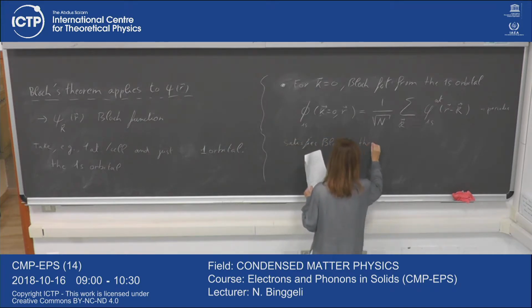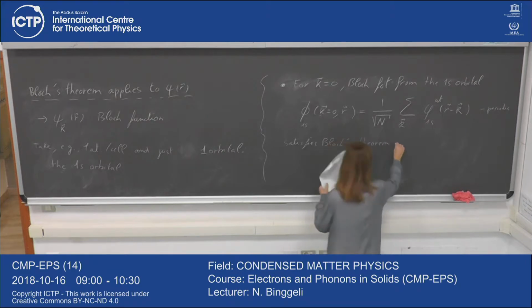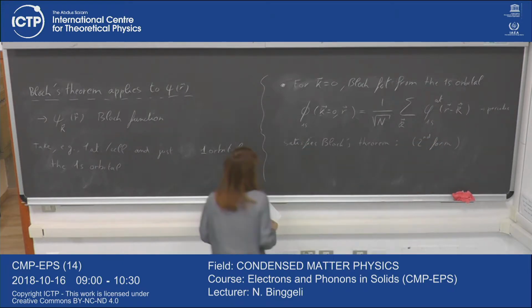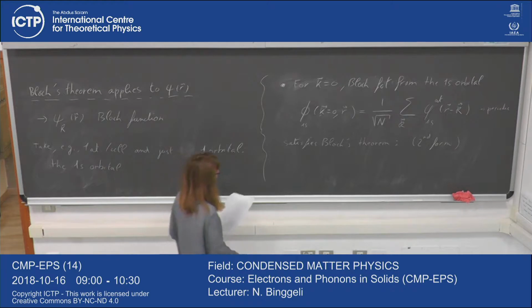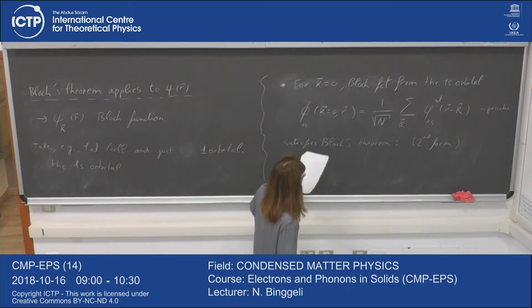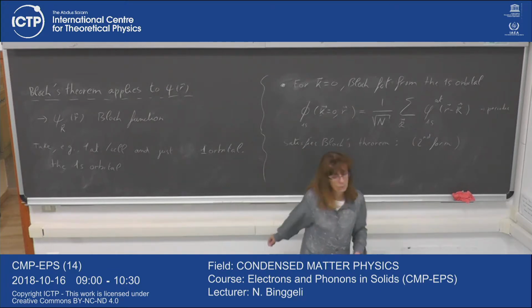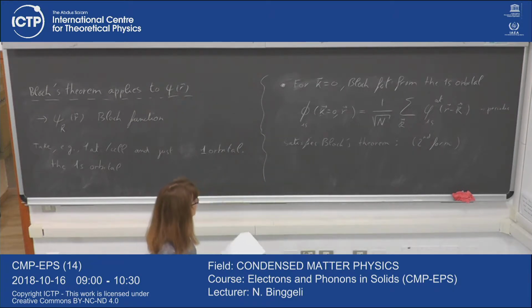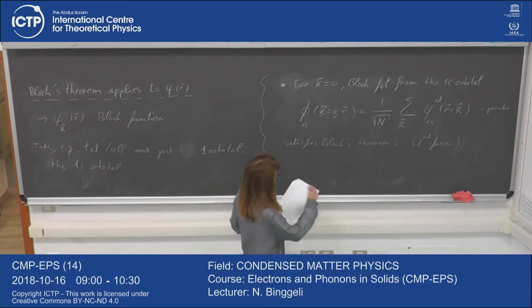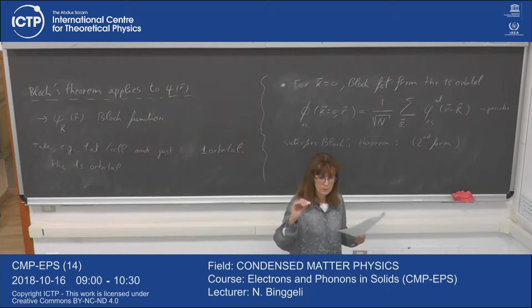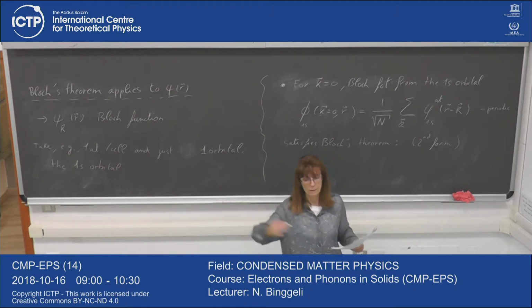And here I will use the second form that we had for the Bloch theorem to give Bloch function. It is that when I translate, or I add to my point R a vector of the Bravais lattice, I obtain the same wave function times exponential ikR, the vector I use.